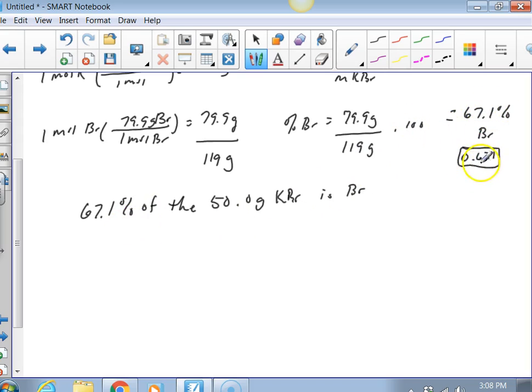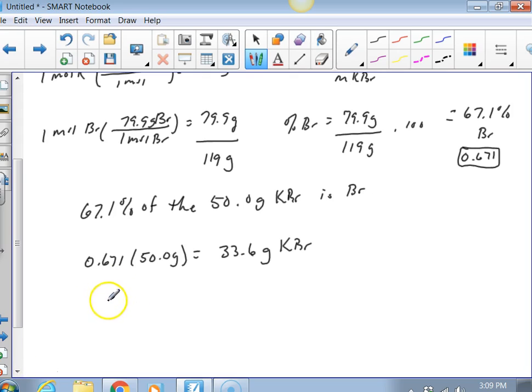So we can multiply our mass fraction by the 50 grams, 0.671 times 50 grams. That's taking 67.1% of 50 grams, so 0.671 times 50. And that's 33.6 grams of KBr.